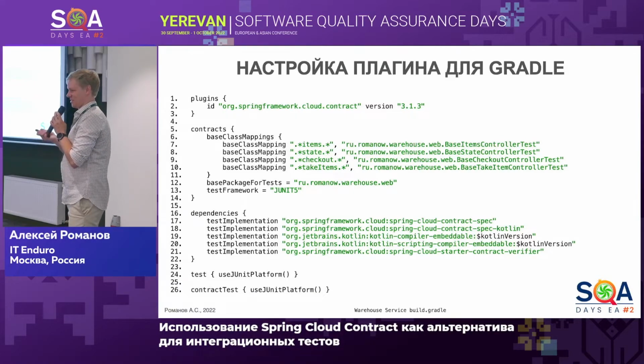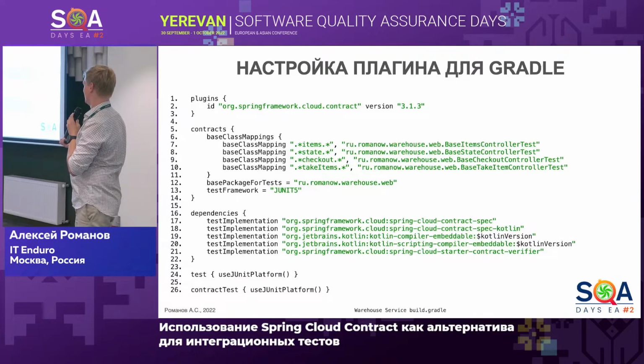So at some point there were some funny errors saying method not found. Pretty weird. So this method is nowhere to be found in the code actually. Spring Cloud Contract Kotlin brought along their own version of Kotlin, which was different from ours.